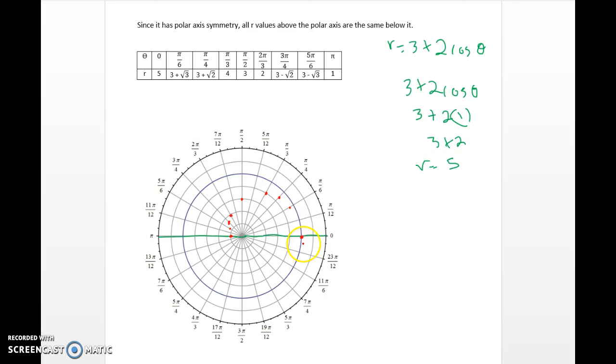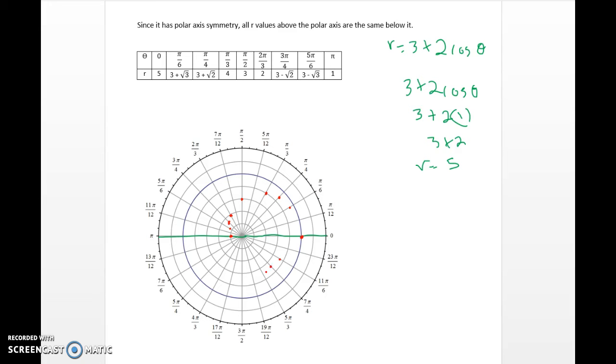So if we're going down, we hit the 30-degree angle, pi over 6. That would be 11 pi over 6. That would be the same r value, 3 plus root 3, or 4.7. So I can say it's going to be here. At 7 pi over 4, that's the same r as pi over 4, 3 plus root 2, or 4.4. So that's going to be about here.